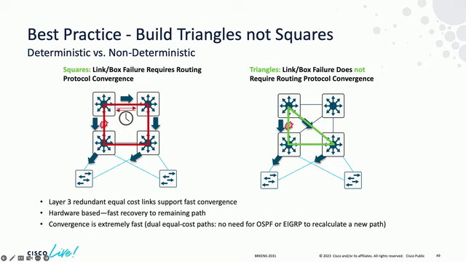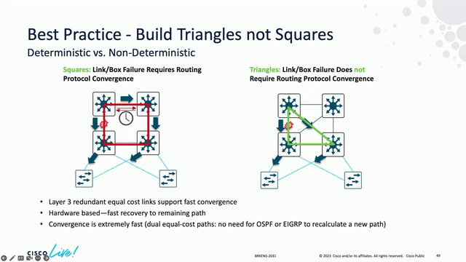Here, in this situation, where this link goes down, and let's say we are using, for example, EIGRP, as a response we will have to send a query, wait for the response from our neighbor, and then start our process of recovery.